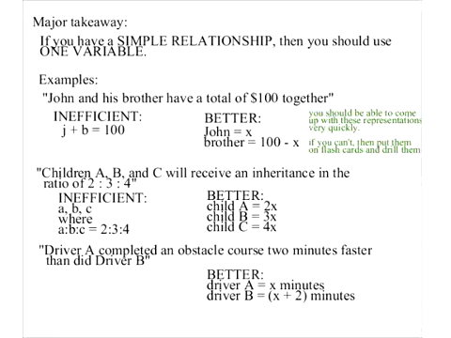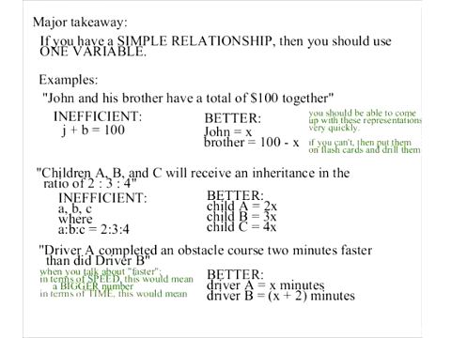Be really, really careful with speed when you get these sorts of things. When you talk about faster, in terms of speed, this would mean a bigger number. But in terms of time, the same word faster would mean a smaller number.